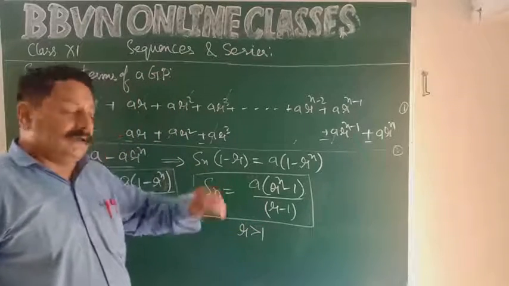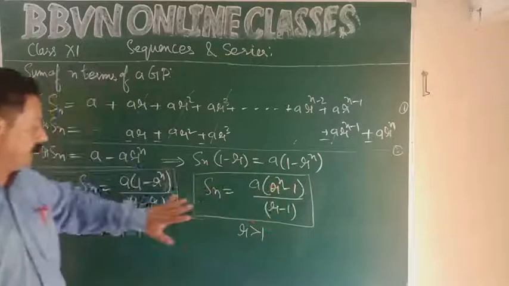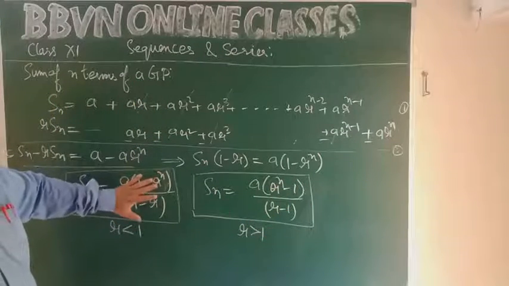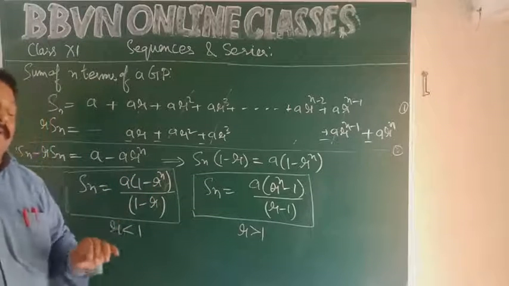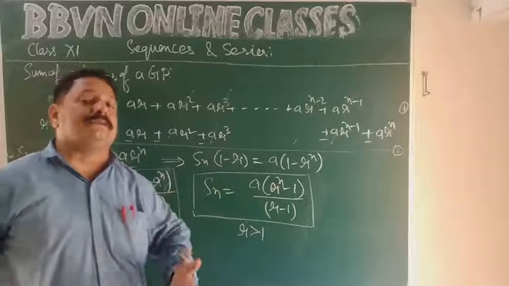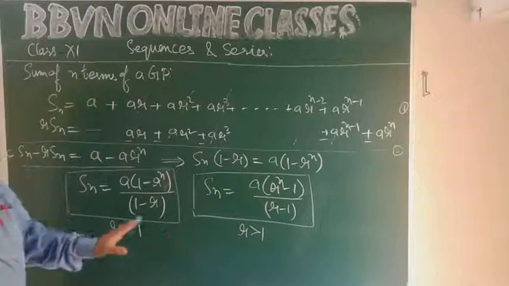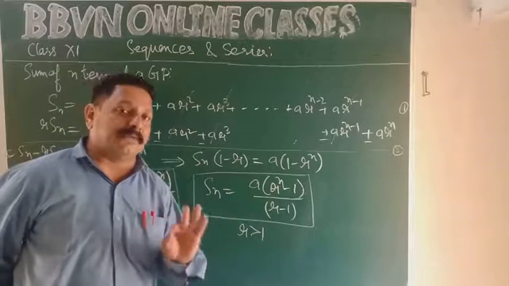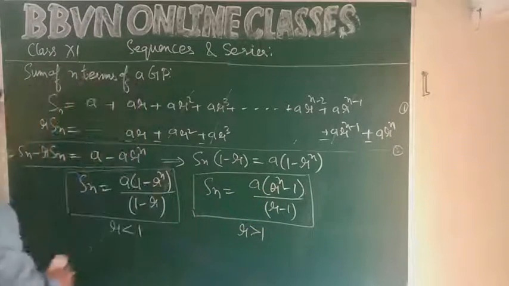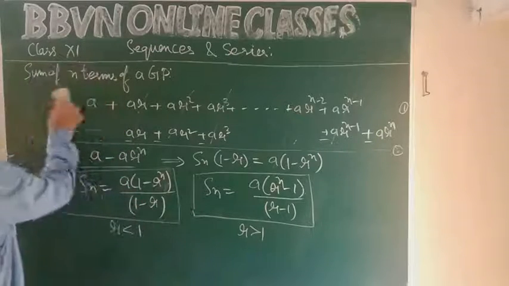Otherwise, whether r is less than 1 or greater than 1, you can use the same identity, and the answer will be the same. The only point is to avoid the confusion caused by the negative sign. We use this. So this is the formula to find the sum of n terms of any geometric progression. Noted? Let us enhance this a little.